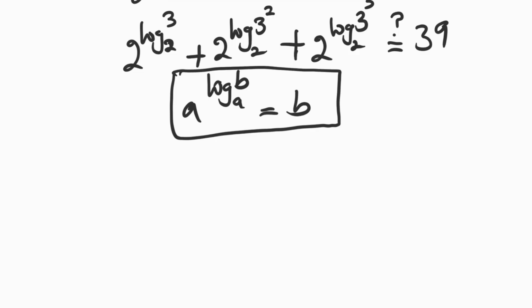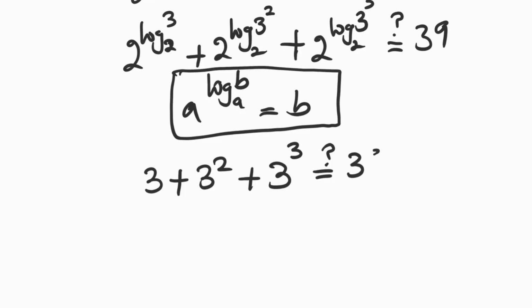So now we have 3 plus 3 squared plus 3 raised to the power 3, and see if that's equal to 39. Now we're going to have to add that up. So this becomes 3 plus 9 plus 27.